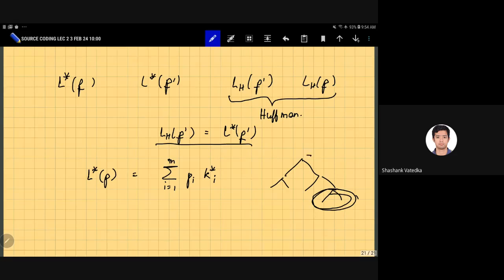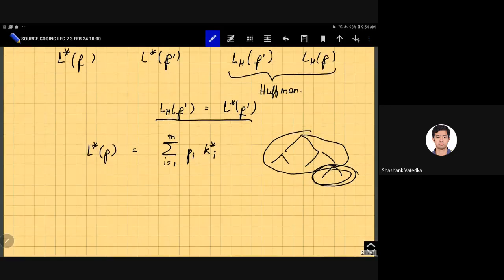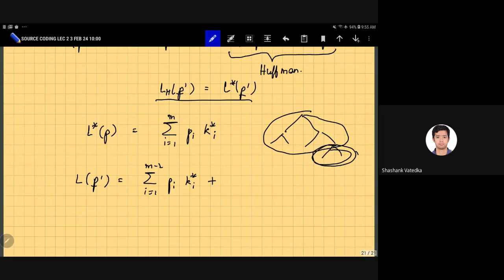So that gives me another code, and what is the expected length of that particular code? I'll get another code for the distribution P prime, and this is the summation i going from 1 through m minus 2 of Pi Ki star, plus P m minus 1 plus P m.